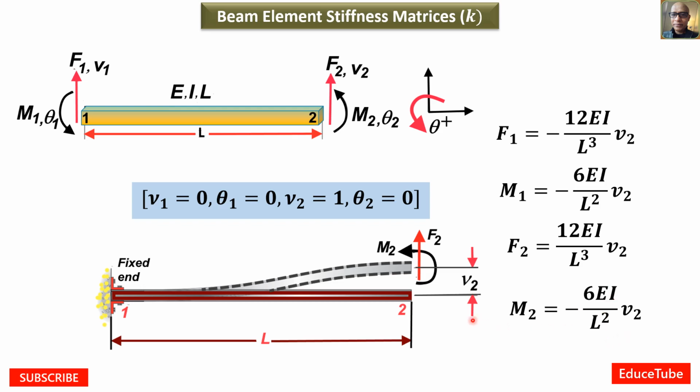This is the moment due to nu 2 equal to 1. Now adding these two and dividing by L, M1 plus M2 divided by L, we get F1 and F2. Here negative, here positive.